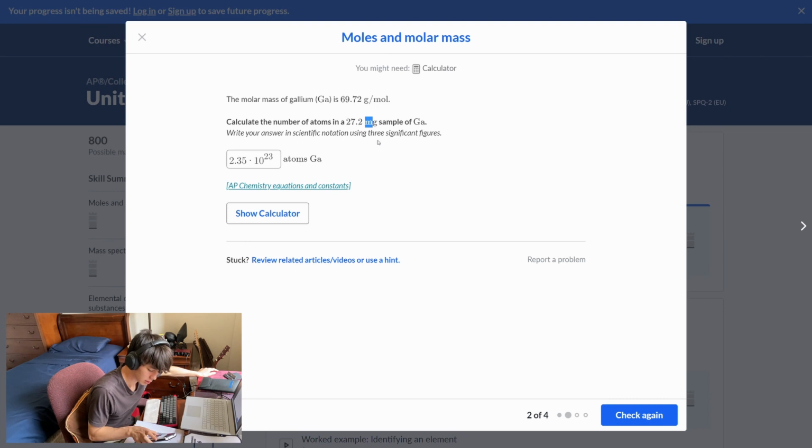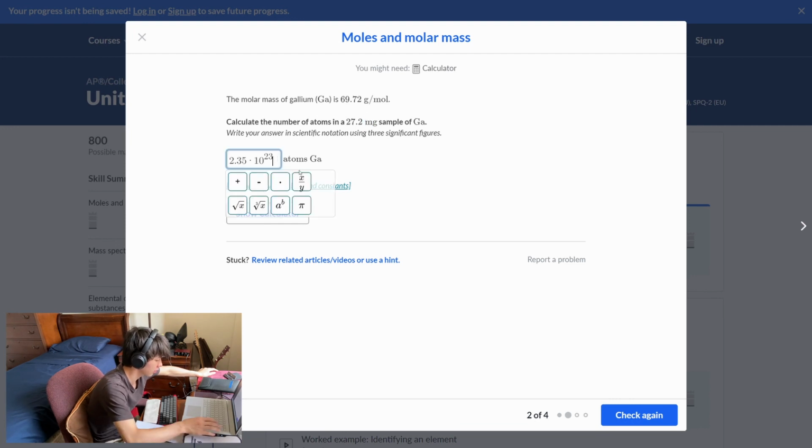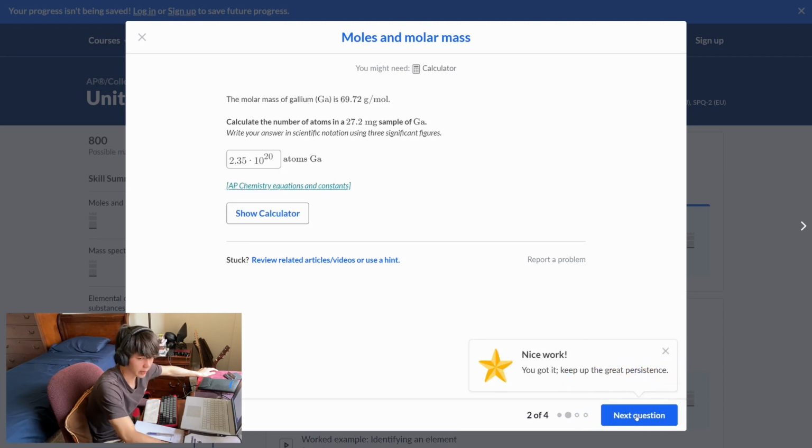So milligrams is times 10 to the negative 3. So I times 10 to the negative 3. So I subtract 3 zeros from the end of this thing. I want to die. I basically got that right.